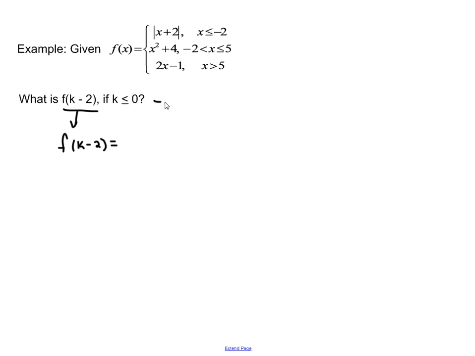So what we really read this as is, first, replace x with the quantity k minus 2. If I were to look at this entire piecewise function, anywhere I saw x, I'm going to replace it with the quantity k minus 2. So instead of x plus 2, it would be k minus 2 plus 2.